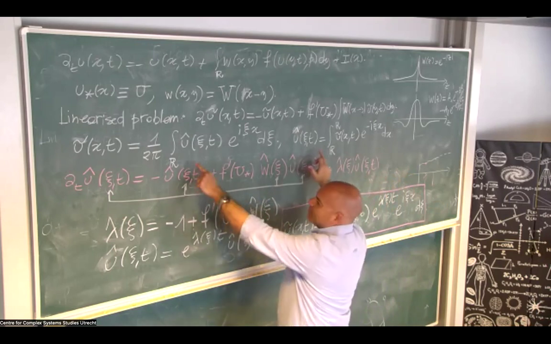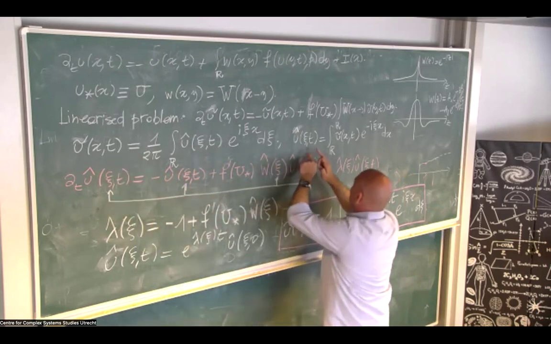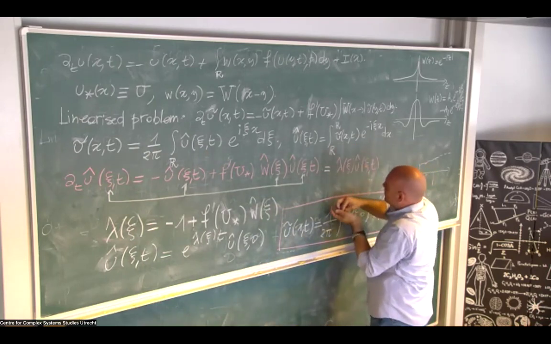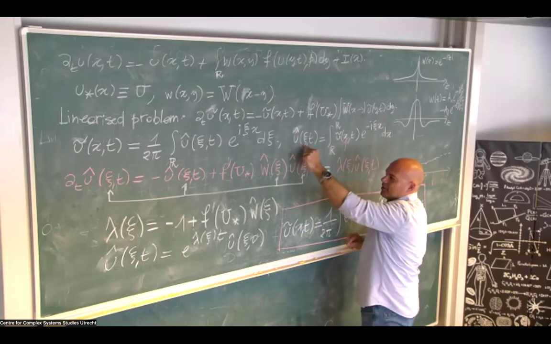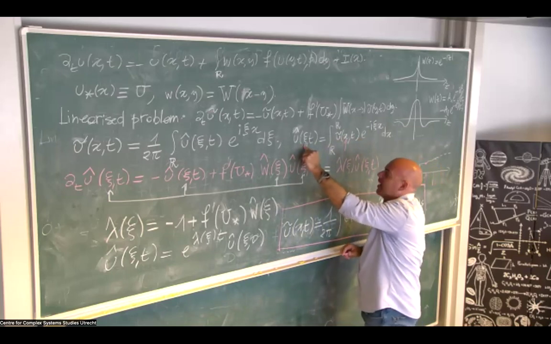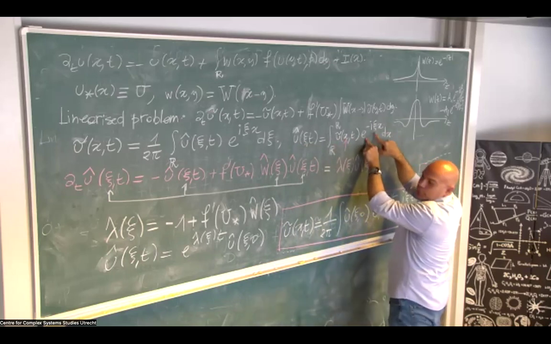And this is how I'm doing it. So if you give me a function in physical space, physical meaning x, so real space, I can get a function in the Fourier space, in xi, with an integral. And the interesting thing is that there are these exponentials there.